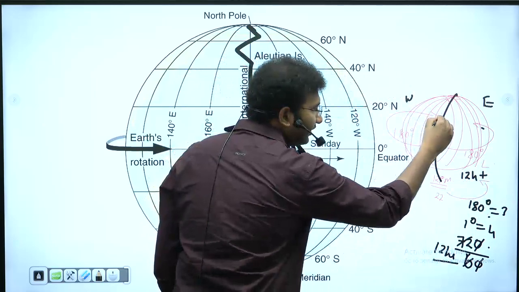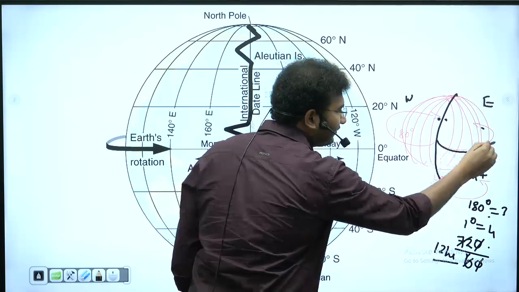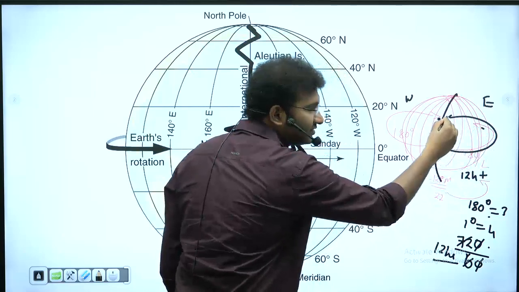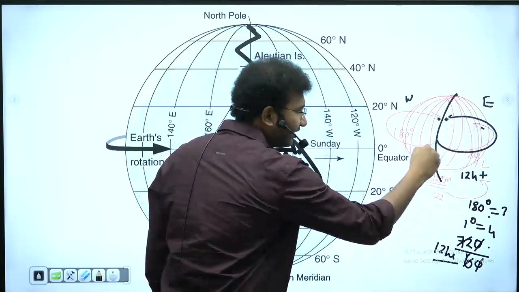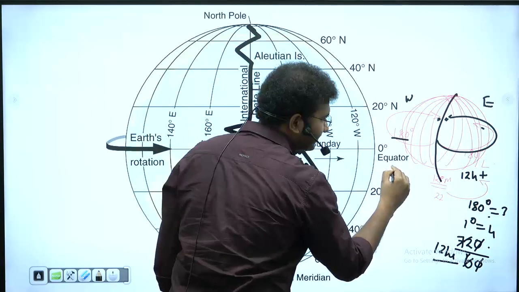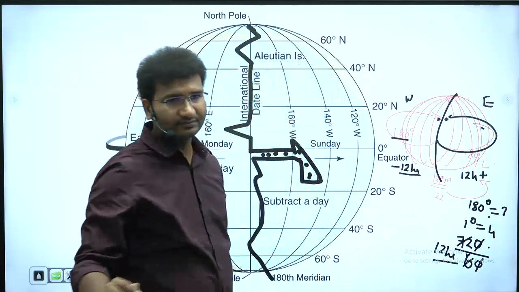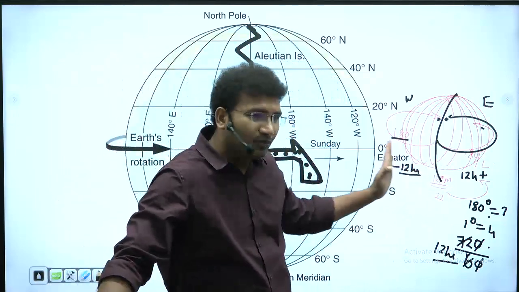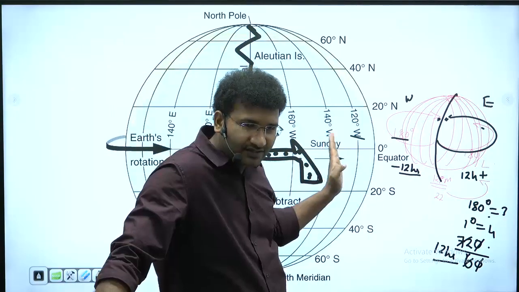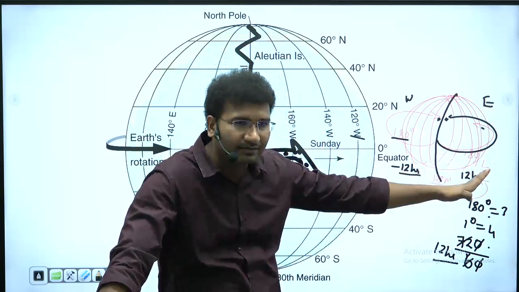Now the same point, this point and this point. If you are traveling all the way from here to the opposite side, this is the point you will reach. And if you are traveling all the way this way, this is the point you will reach. Now this 180 degrees, this is 12 hours minus. As you are moving towards the west, you will be delayed in time. You will be ahead of time. Right?